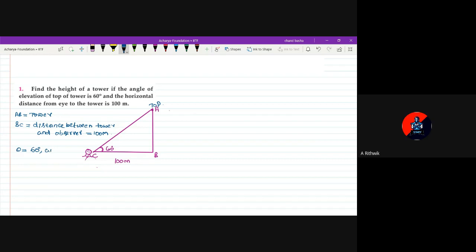Angle of elevation, sir. Very good. Angle of elevation. So what is he asking? He is asking AB. I'm taking AB, let it be considered as H. That is the height of the tower.